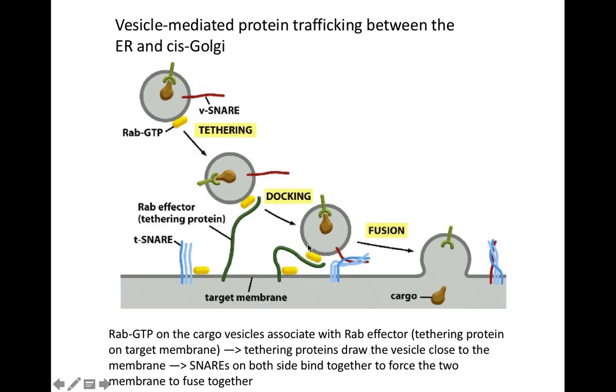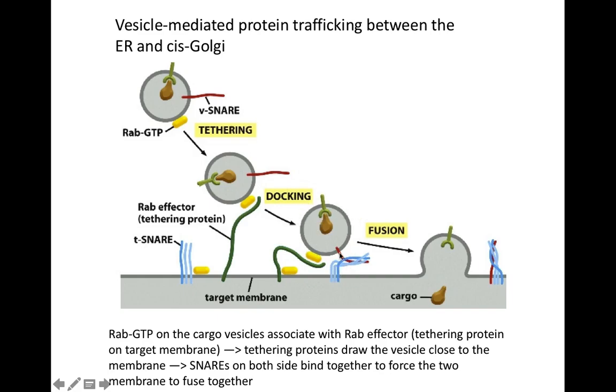When the vesicle becomes closer, the target membrane also contains SNARE proteins, what we call t-SNAREs. Now docking takes place between the v-SNARE on the membrane of the vesicle and the t-SNAREs located on the target membrane.